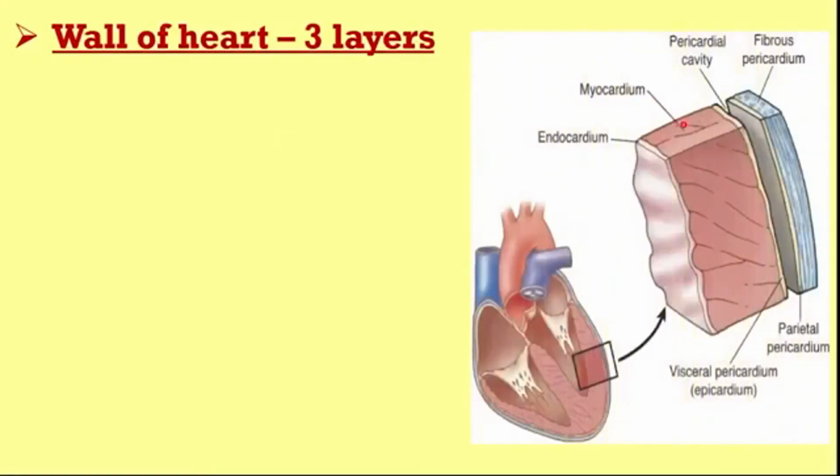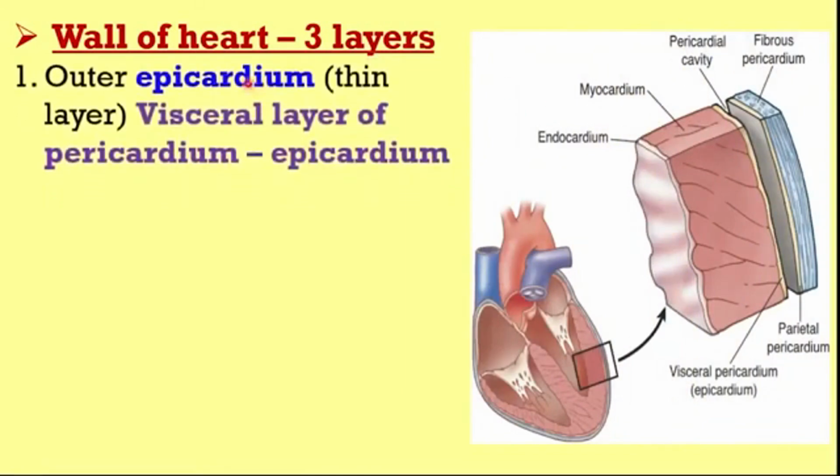Let's talk about the wall of the heart. The wall of the heart is made up of three layers. They are outer epicardium. This is made up of simple squamous epithelium and it is formed from the visceral layer of pericardium. Observe the picture here. This is the pericardium, outer fibrous pericardium here.